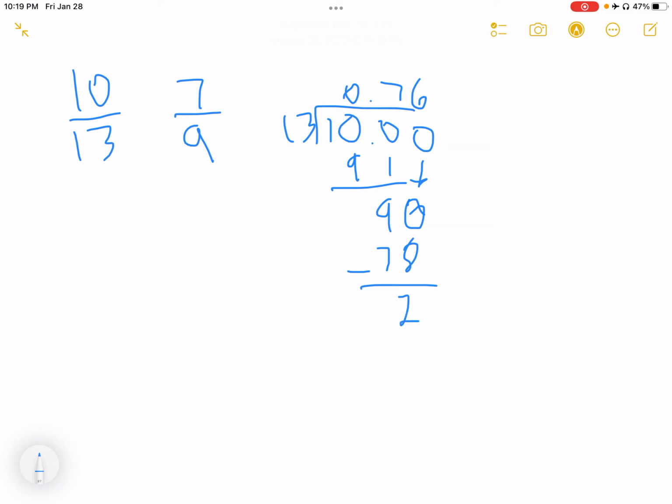Subtract that, we'll get a 2, another 0, and then so on and so forth. So this would be 7, 6, 1 here. Or 7, 6, 9. I don't know what I'm doing. Okay, let's go back here real quick.